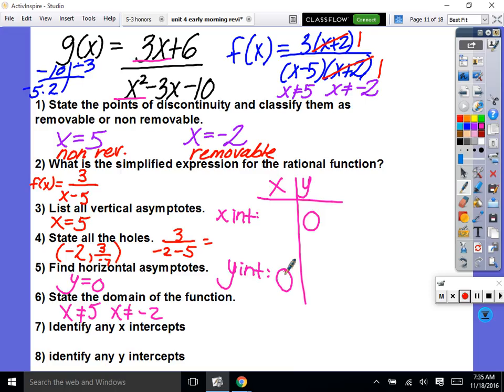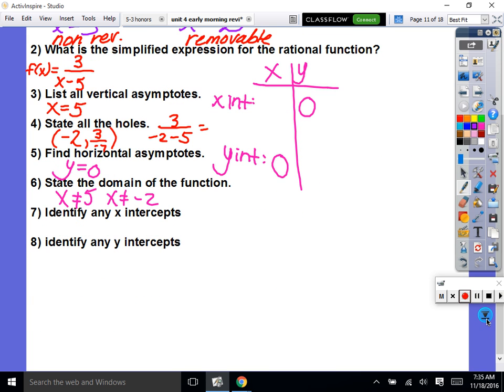Okay, let's use algebra to do this. So let's do our x-intercept first, when y equals 0. You can use it on the simplified function or the original. Do you want to use the original or simplified? The simplified one's fine with me. Here we go. So we have f of x, which y is f of x. So we're doing some algebra. 0 is equal to 3 over, no, wait a minute.